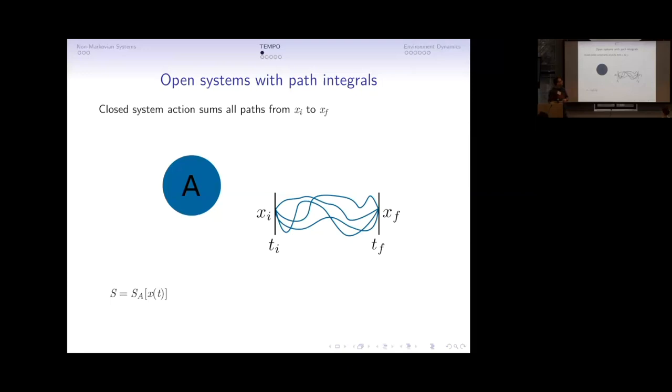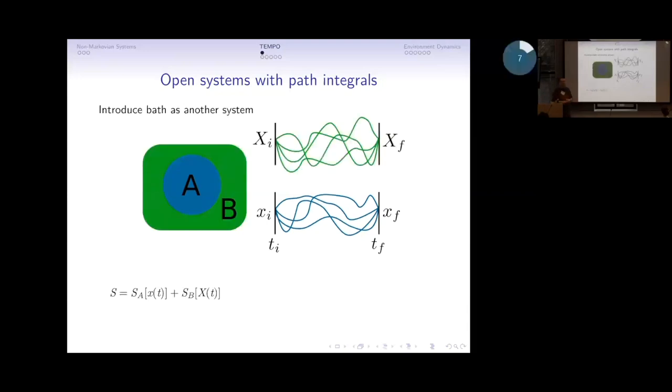So we have some system which has some coordinates x, and I'm starting it at some time t_i, and I want to propagate it to some time t_f. And what happens is it takes a variety of different paths between the initial state and the final state. And I can parameterize that by some action which describes all of these different paths.